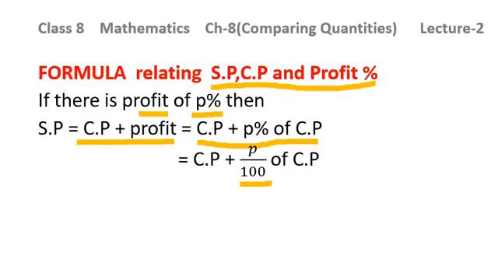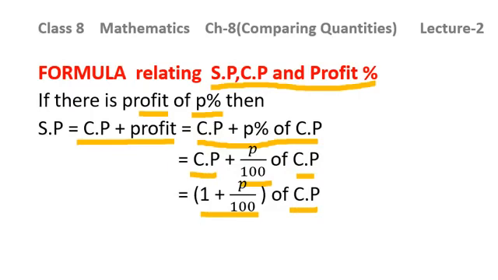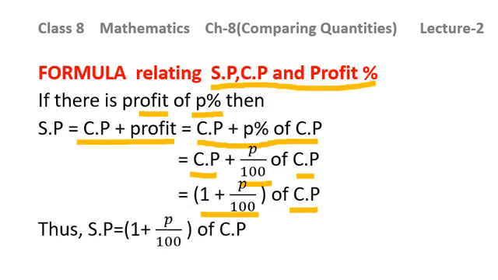Then we have taken CP common, because CP is present here and also here. From this expression we have taken CP common. So it will be 1 plus P over 100 into CP. Then SP is equal to 1 plus P over 100 of CP. Simple as this. So the first step is I have taken profit as P percent. In a general manner we need to deal with the formula.